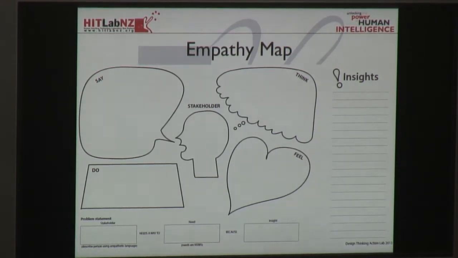So if the person says that they want to be really organised with their calendar, but then if you observe them and they don't normally refer to their calendar very often during their day to see the tasks they're doing, then you can see that what they're saying and what they're doing is a mismatch, a conflict. And that's where you could see there's an opportunity for designing a solution for them as well.